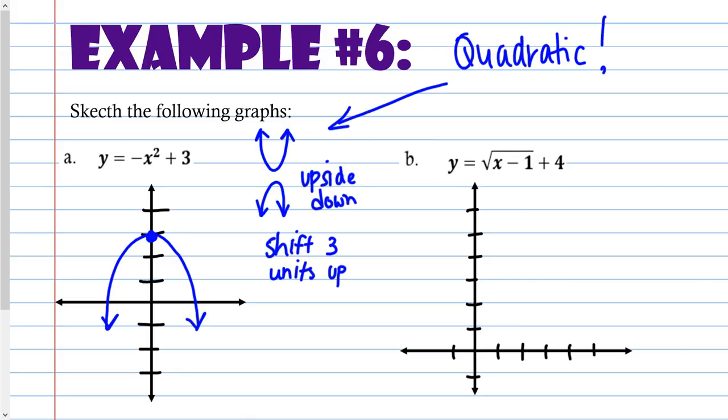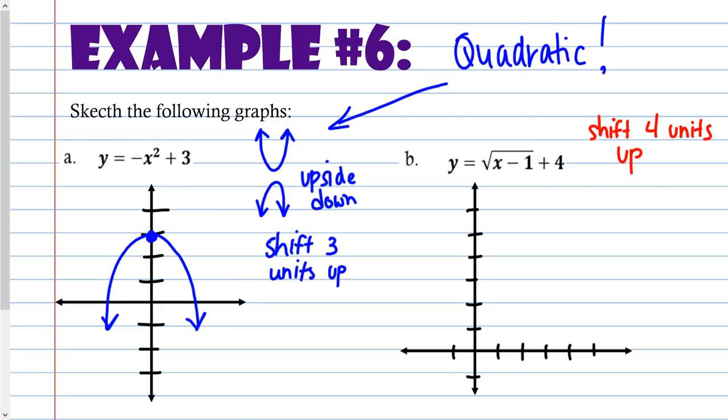So I have a square root, so this is going to be a square root function, but there's some shifts happening, right? So then I need you to be like, okay, so the 4 means that my square root function is being shifted, and I'm going to write it up here. Shift 4 units, so it's a plus 4, so it's going to go up.